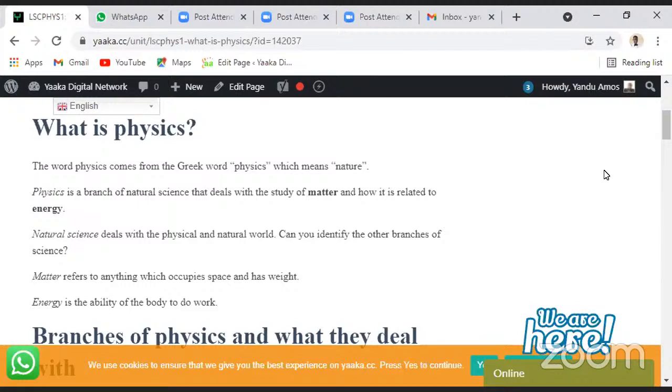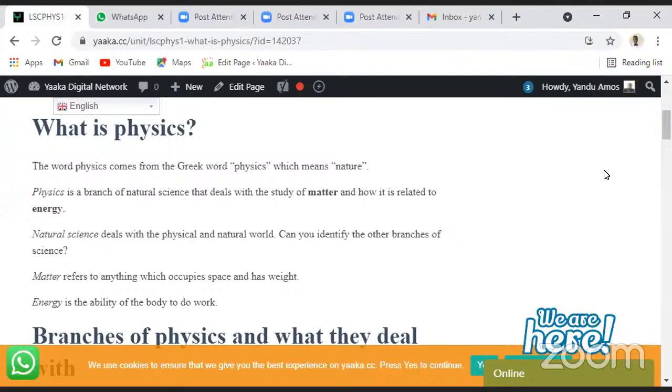Esther, which other branch of science? Which other science subject do you know? Biology. Another? Chemistry. Very good. We have biology and chemistry.